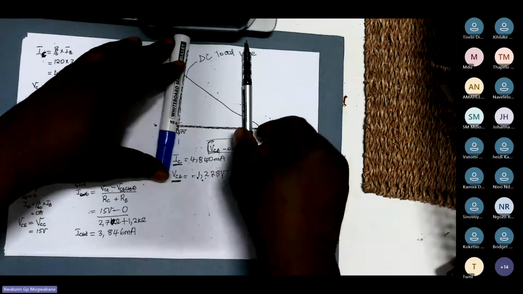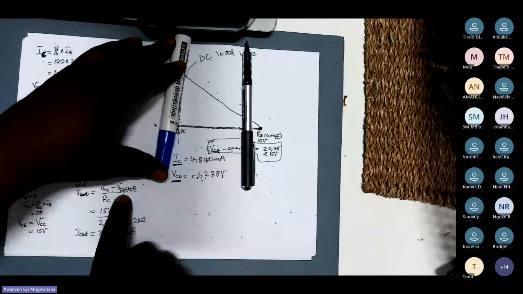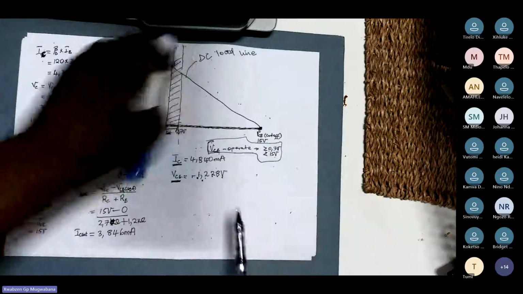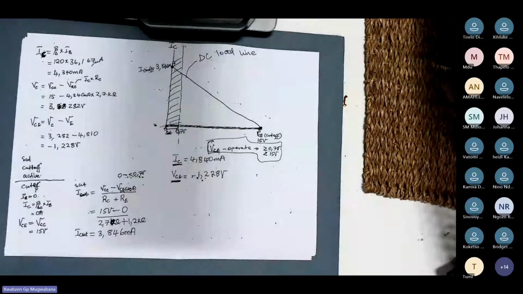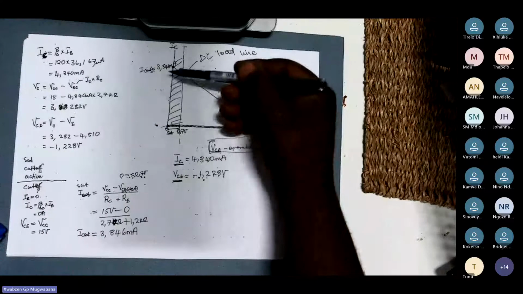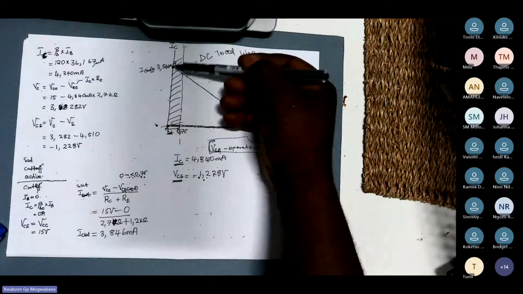Now, already your VCE has moved out, and you will see that your IC has even exceeded your IC saturation. Your IC is 4,340, which is above, because your I saturation is 3,846 milliamps.